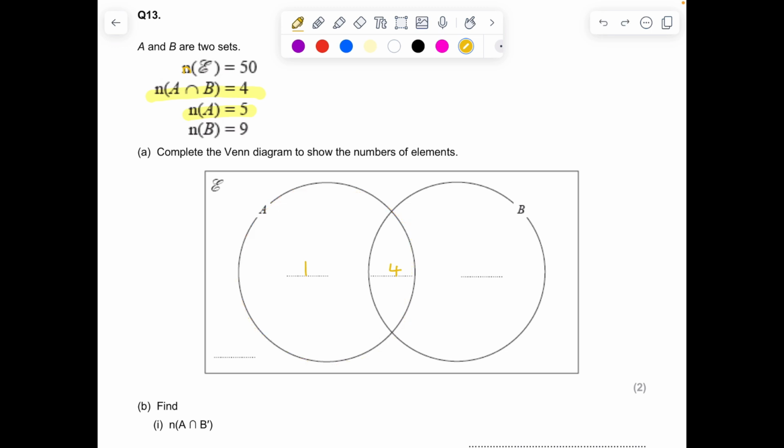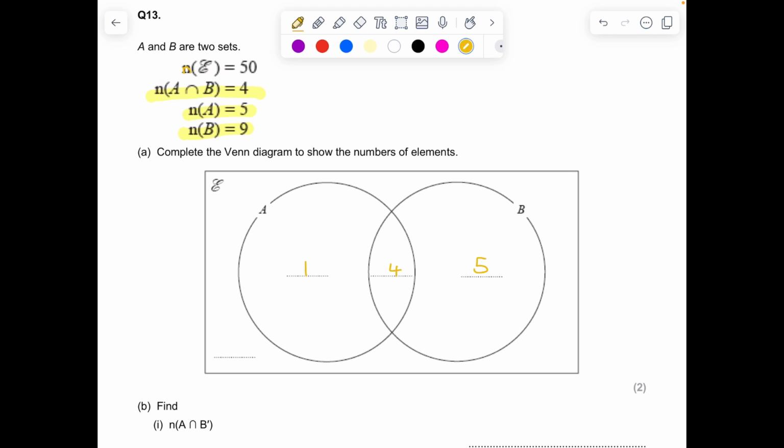Okay? Now it says on this next one that the total of B, so all of B, must be equal to 9. So we've already got the 4 there, that's part of it. And so just belonging to B, we must have that being 5. Okay, so that's so far what you should have.